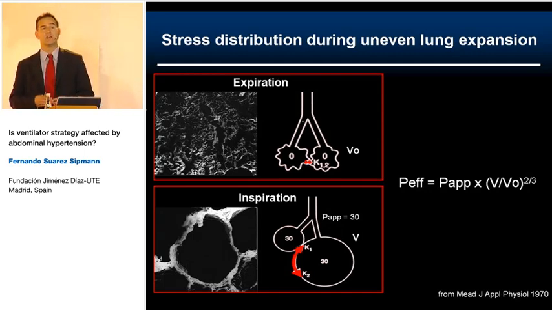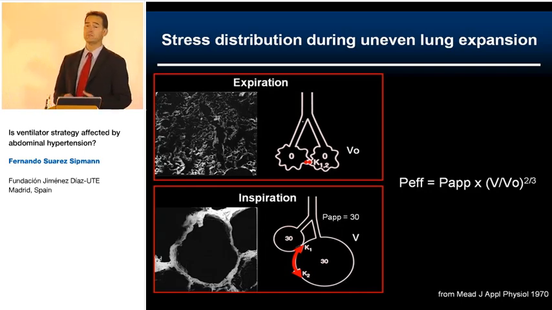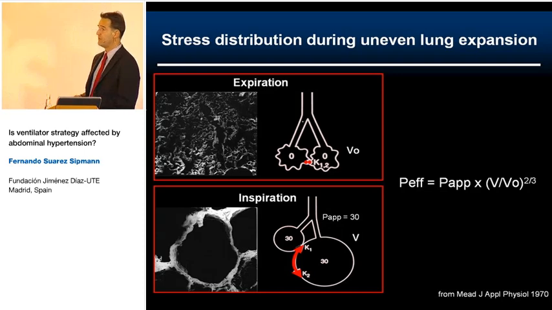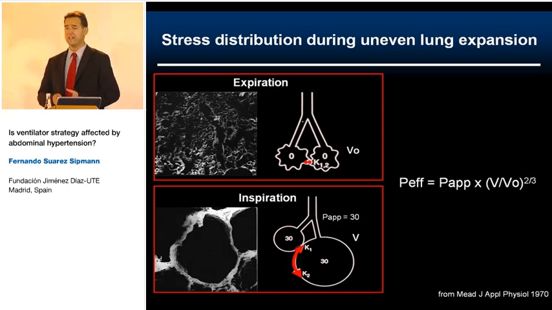When we have a heterogeneous ARDS lung, all these mechanisms are amplified. So in the stress distribution model of Mead, he calculated that the stress induced by tidal inflation is greatly amplified in the interface of collapsed alveoli that are surrounded by inflated alveoli.